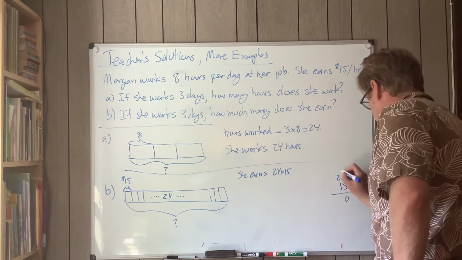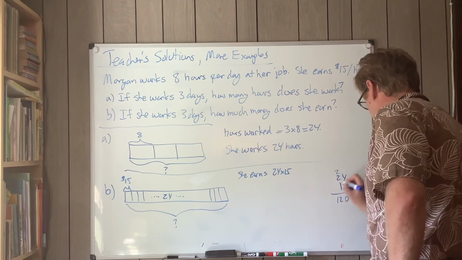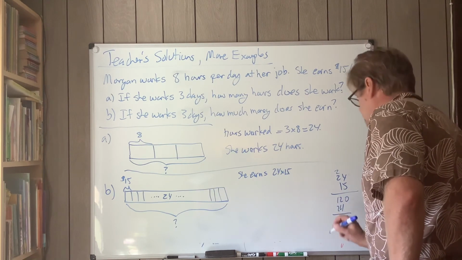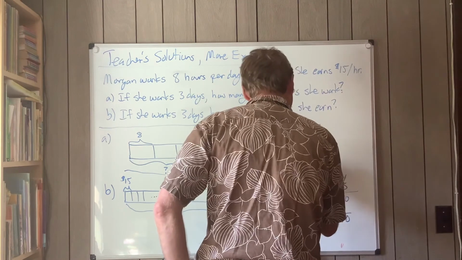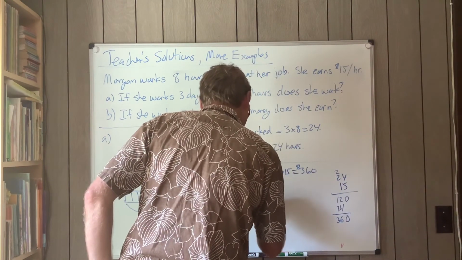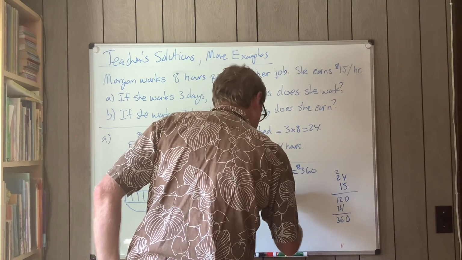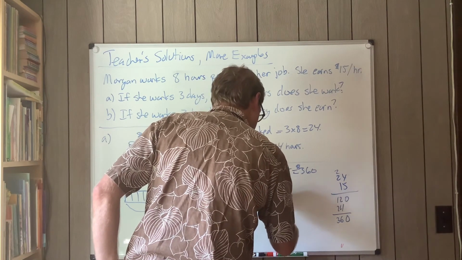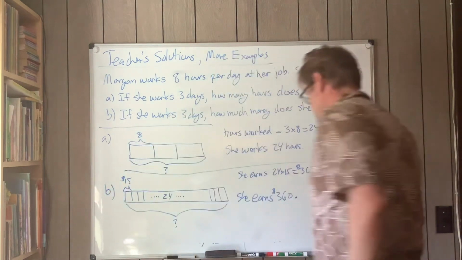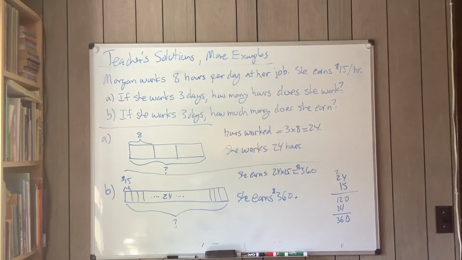But I'm going to go ahead and do long division. So she earns $360. Period. Okay.